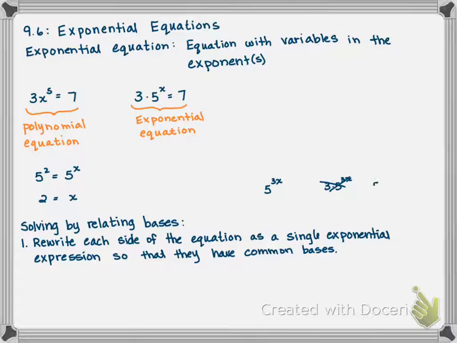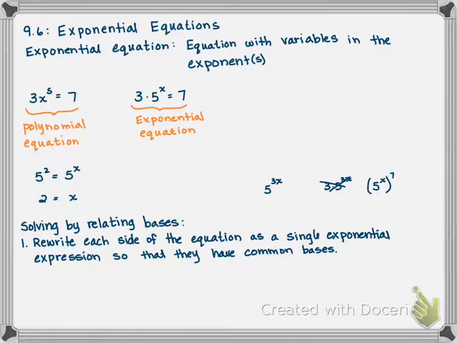Or even, I don't know why I'm obsessed with the number 5 today, even an exponential expression raised to another exponent is not a single exponential expression. We can write it as one by multiplying the exponents, but right now that's an exponential expression raised to another exponent. So our goal is to just have a base and an exponent, and that's the only thing on that side of the equation. And then the other piece of this is that those exponential expressions have to have the same base.